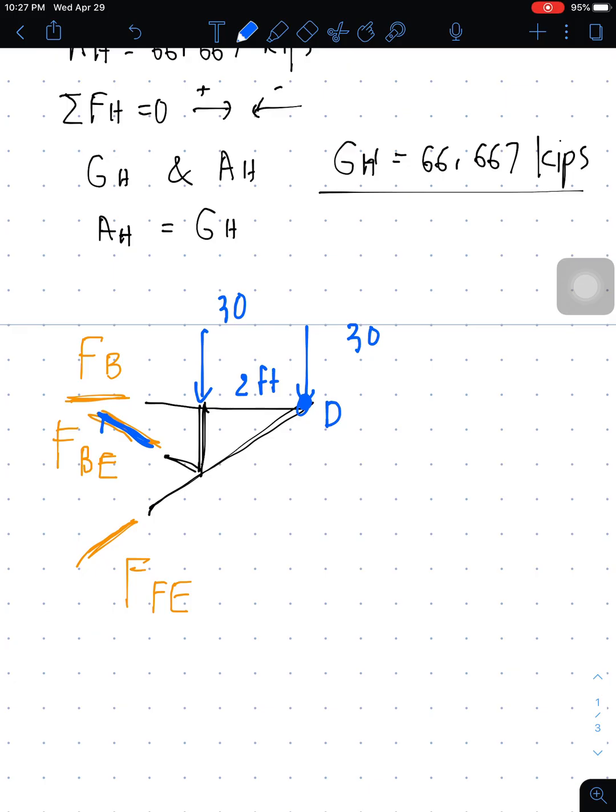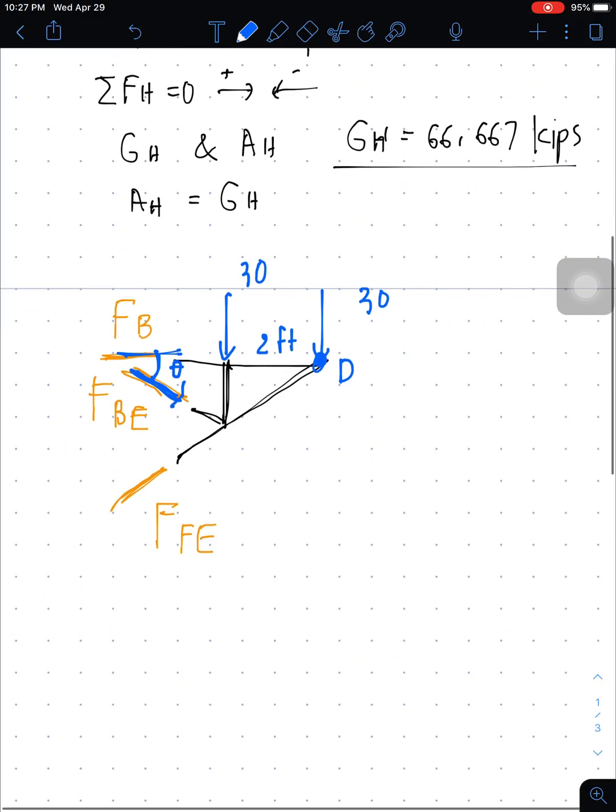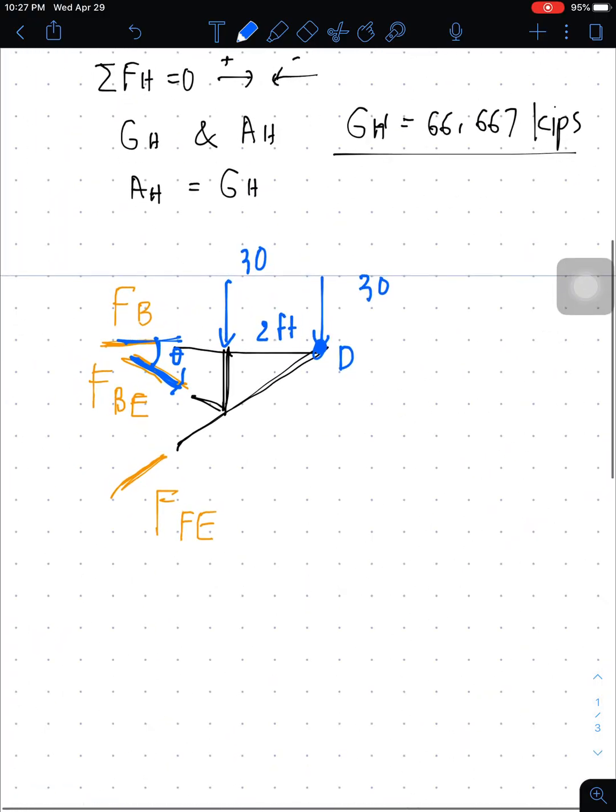So let's have it compression. With that, our force is inclined at a certain angle from the horizontal equal to theta. We need to solve first the theta. So how do we solve for the theta?